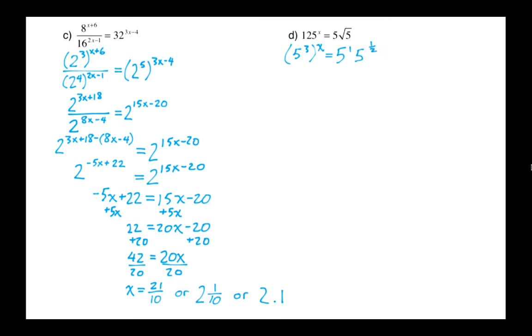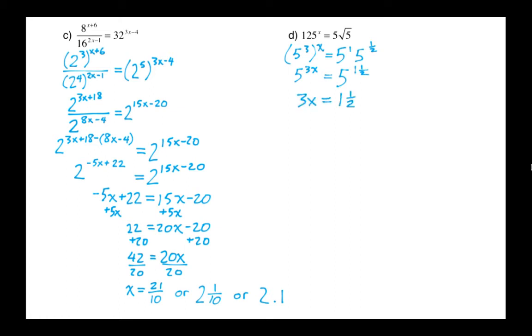And now we can simplify both sides of the equation. So I'm going to multiply the 3 and the x, that's 3x. When I have two powers with the same base that I'm multiplying, I add these two exponents together. So it's 1 plus 1/2, or in other words, 1 1/2. And now, since we have the same base on both sides of the equation, we can equate those two exponents.